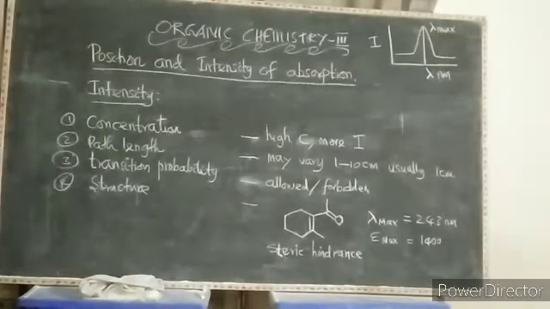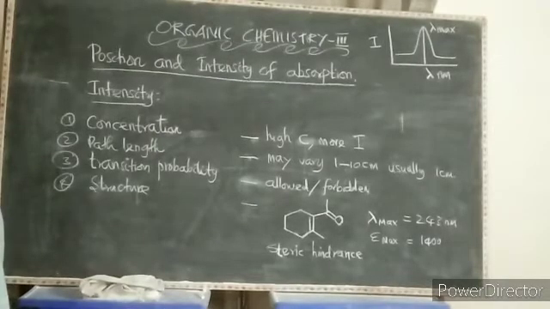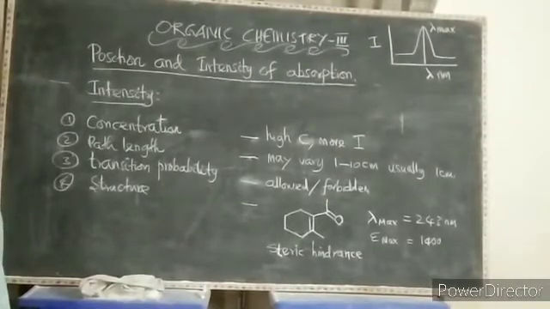The third factor is transition probability. Transition probability refers to the allowedness and forbiddenness of a transition. For example, an allowed transition will be more intense compared to the forbidden transition.